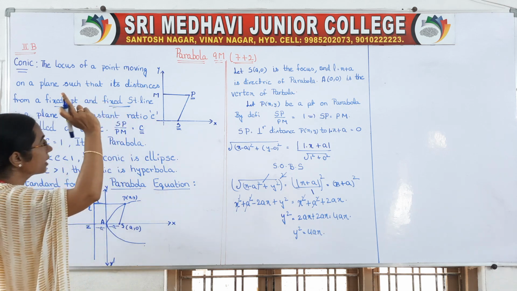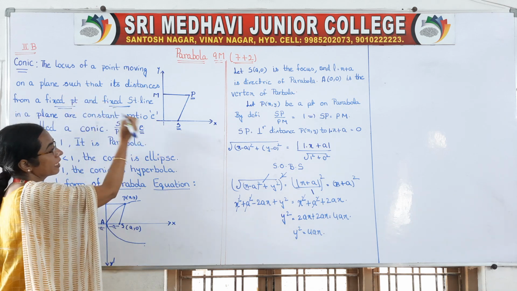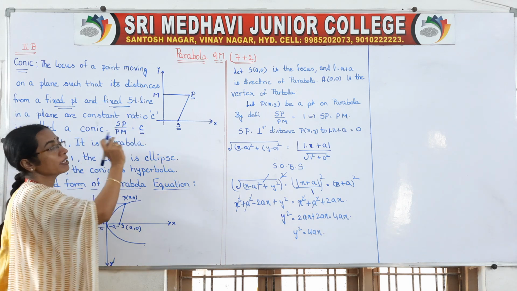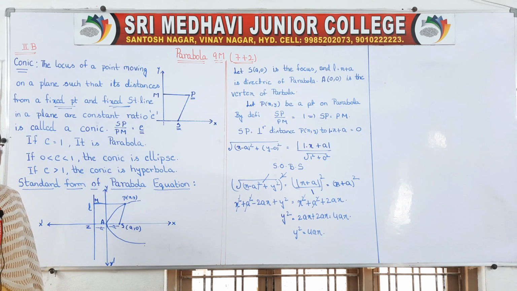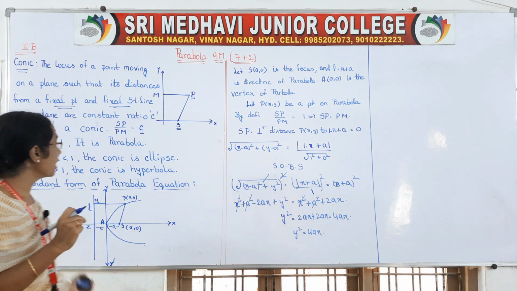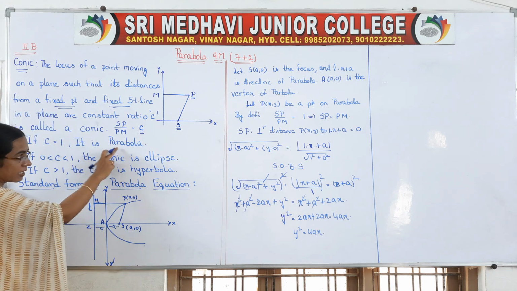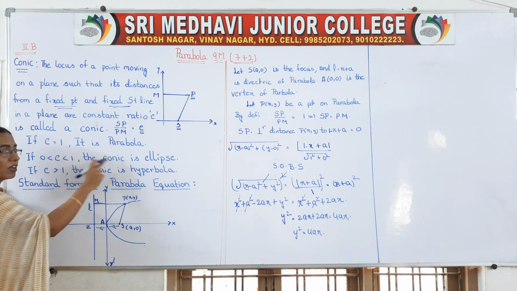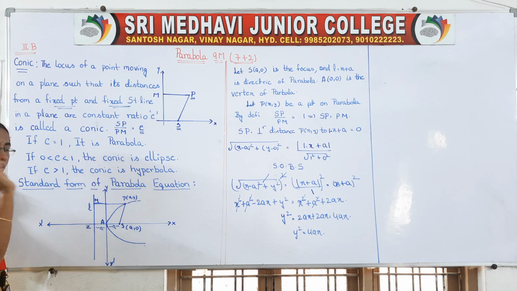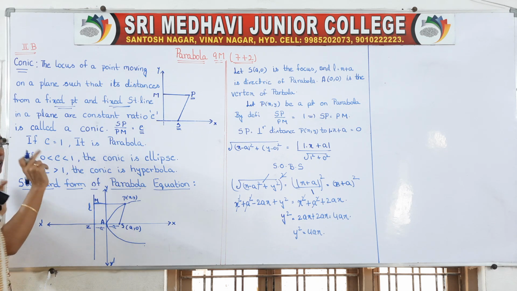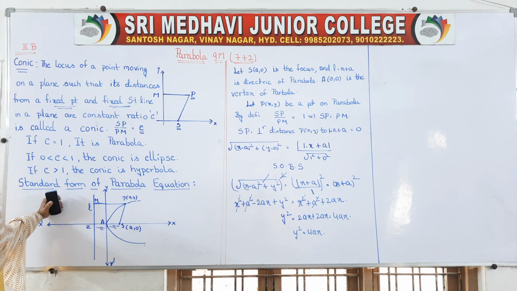That ratio is called eccentricity and it is denoted by small letter e. If e is equal to 1, it is parabola. If e is greater than 0 and less than 1, the curve is called ellipse, and if e is greater than 1, the curve is called hyperbola.